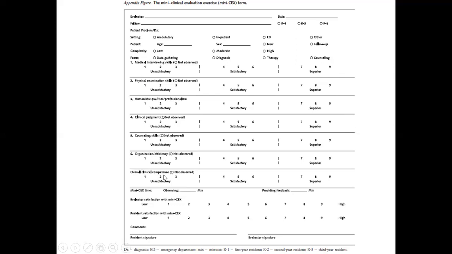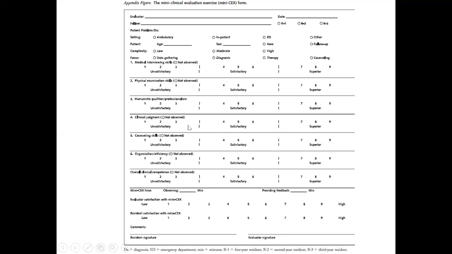competence. One thing which is important: if there is no observation of any aspect, then instead of giving no feedback, or unsatisfactory, satisfactory, superior, suppose organizational efficiency, if he has no observation, he should check not observed. It means if the faculty member, the clinical supervisor, has observed, he should have marking on any of these points.